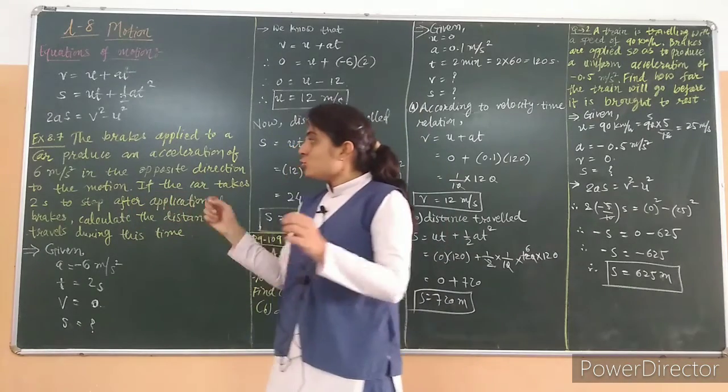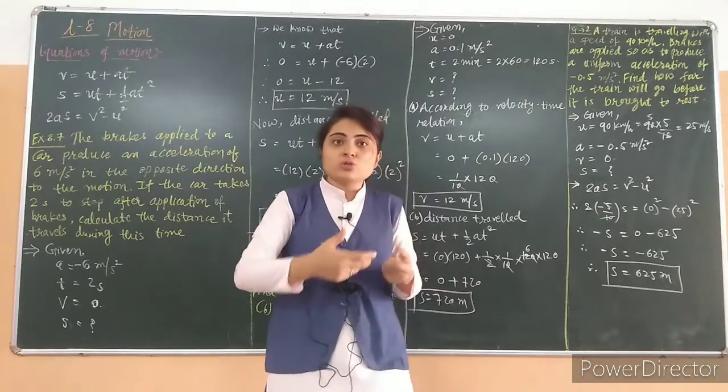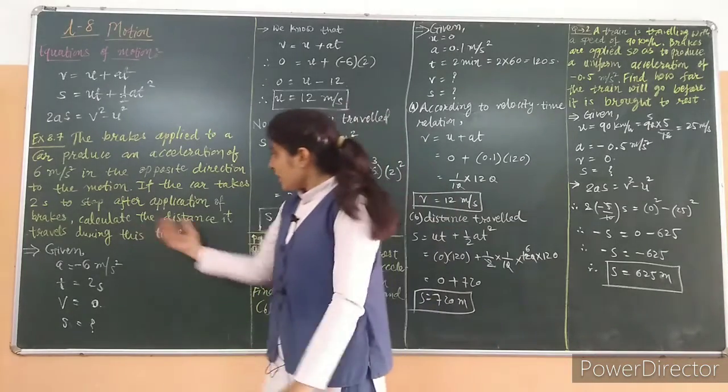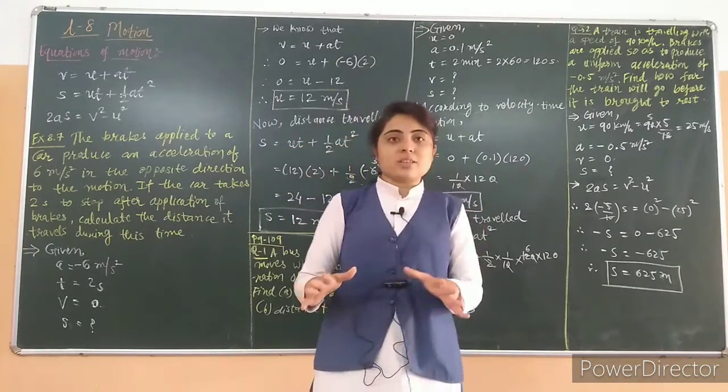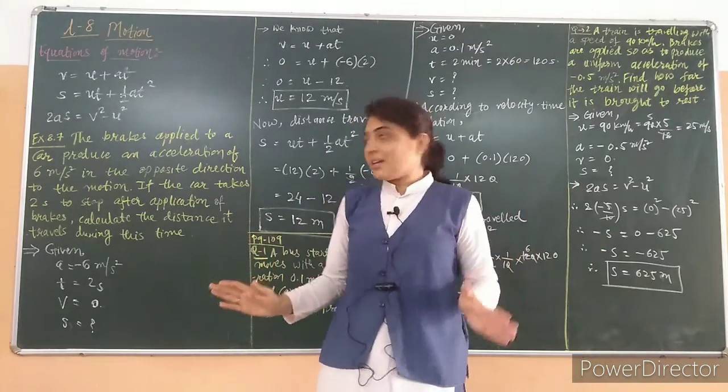If the car takes 2 seconds to stop after the application of brakes, calculate the distance traveled during this time. So during this time when it stops, how much distance has the car traveled?